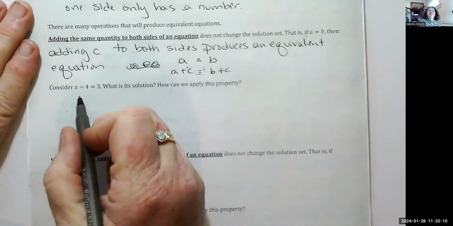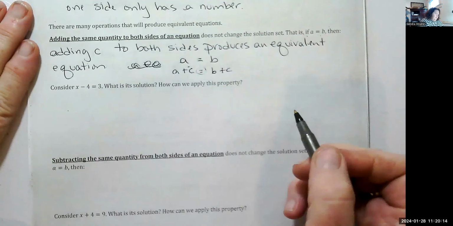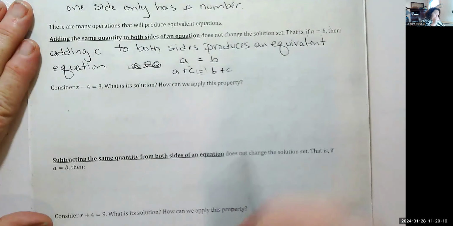All right, consider x minus 4 is equal to 3. What is its solution? How can we apply this property? Well, if we've got x minus 4 is equal to 3, I always rewrite the equation just to give myself a basis to work from.